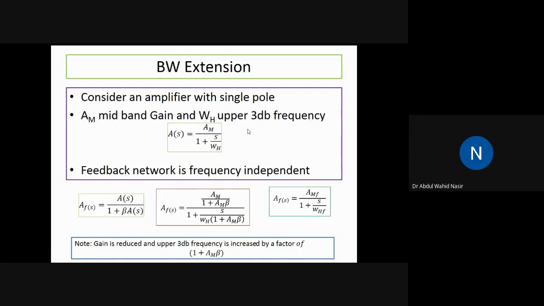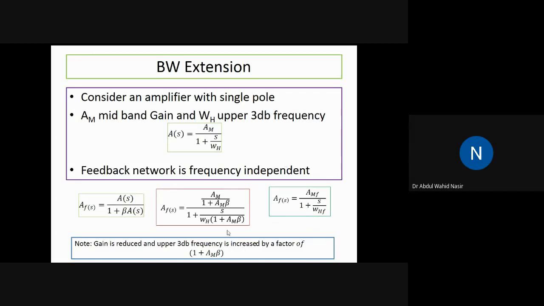Now we know that AF(s) is equal to A(s) by 1 plus βA(s), as we have just seen. Substitute this A(s) here, and we get AF(s) like this. Ultimately, we'll have AF(s) equal to Am by 1 plus Amβ, over 1 plus s by ωHF.